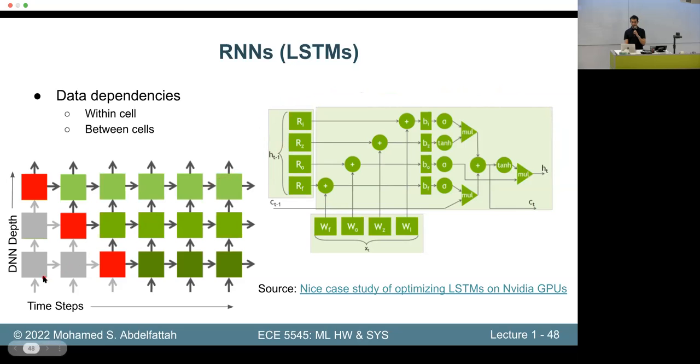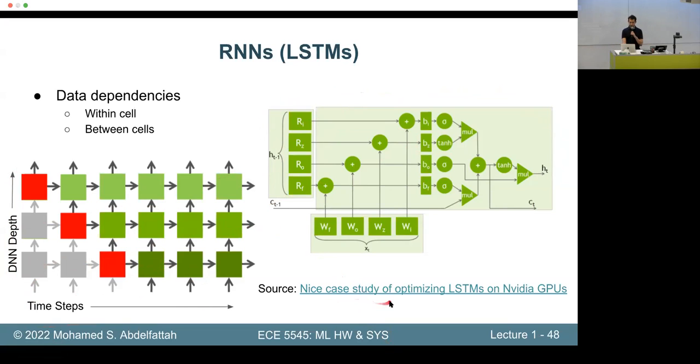So if we look at it in terms of the number of time steps, we do a computation of that LSTM, and then we take its output, feed it back to the input, and do the next time step, and then the next time step, and so on. Whereas this other axis is if we're stacking multiple layers to have a deep LSTM-based network. So in RNNs especially, we have those data dependencies that need to be taken into account.